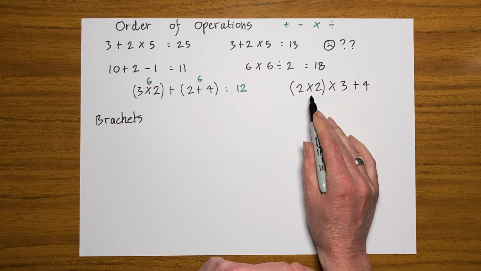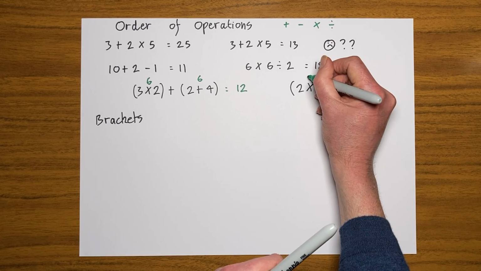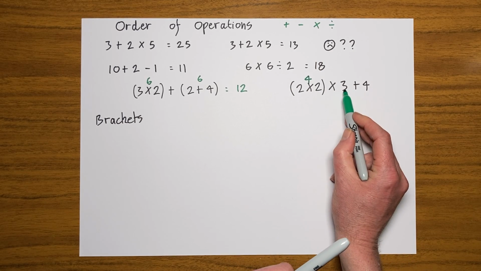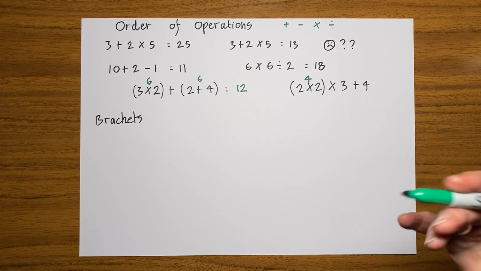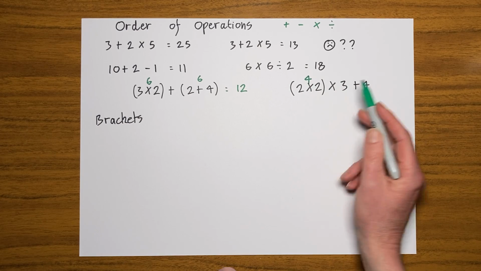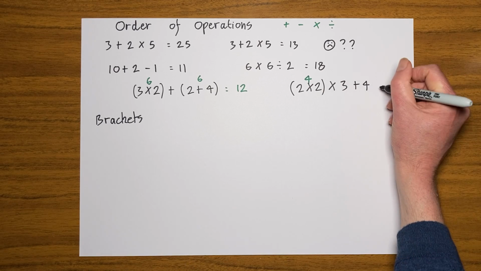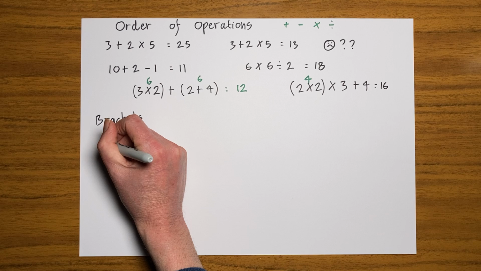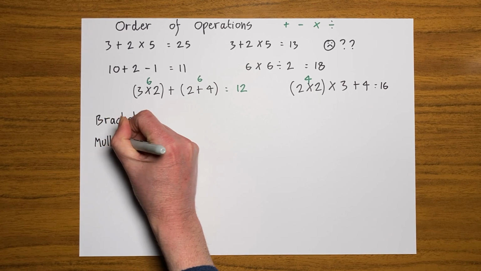Well, I know I'm going to do the brackets first because I've written that down, okay? So 2 times 2 is 4. Now, what am I going to do? Am I going to do 3 add 4 and multiply that together? Or am I going to multiply this by 3 first? Well, what I'm actually going to do is do the multiplication next. So do 4 times 3 is 12, and then add 4 to give me 16. So brackets, and then I'm going to do multiplication next.